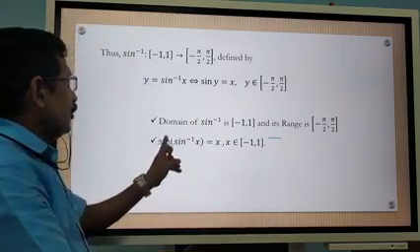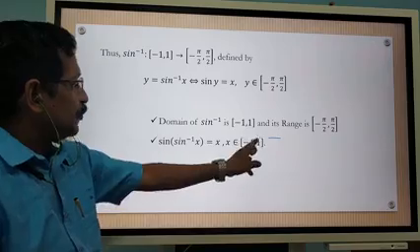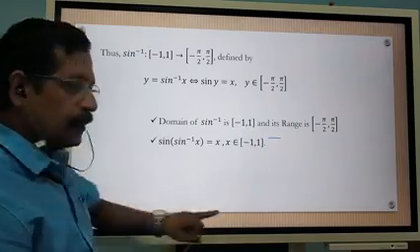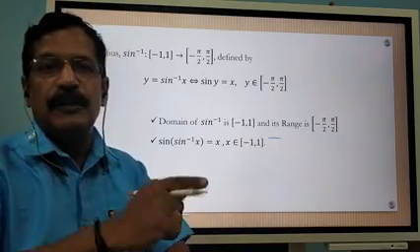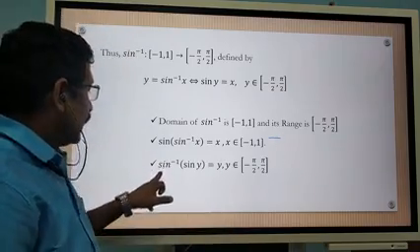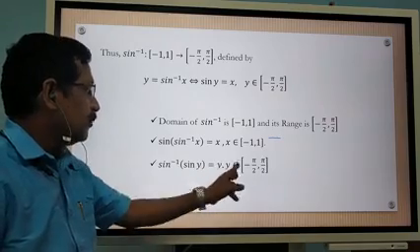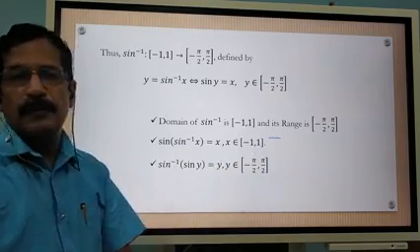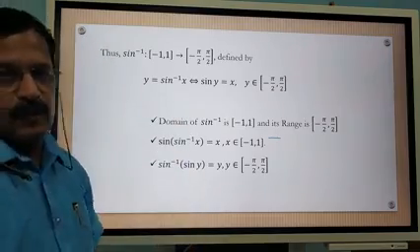In the same way, sine of sine inverse of x is equal to x, where x is in the domain minus 1 to plus 1, the domain of sine inverse. In the same way, f inverse of f of x is equal to x. So sine inverse of sine y is equal to y, where y is an element of minus pi by 2 to plus pi by 2. These are the three important points.